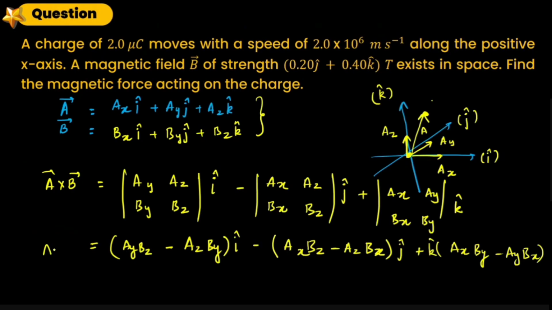When we solve these, we get a vector, and that vector is what we call the cross product vector.